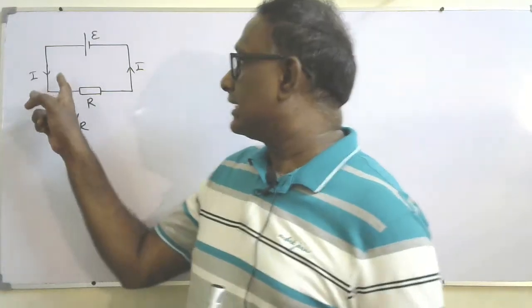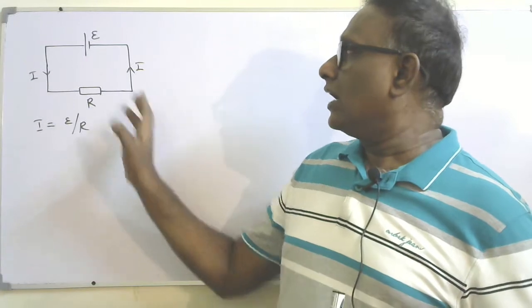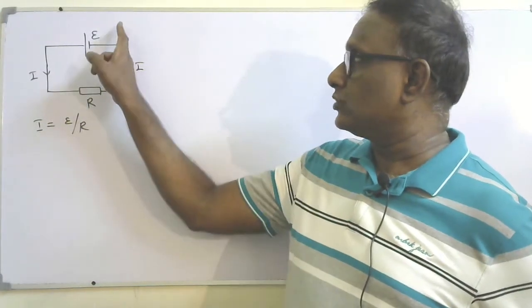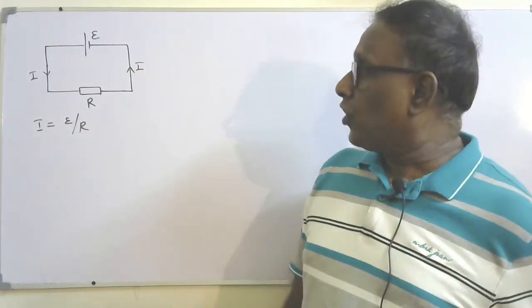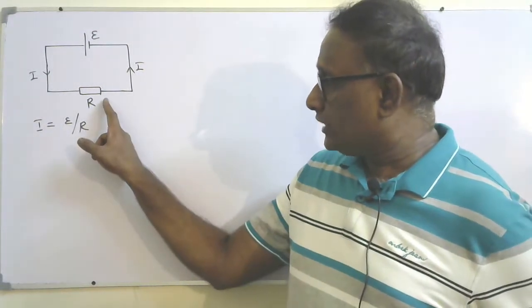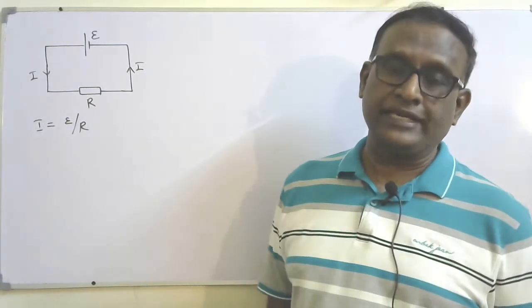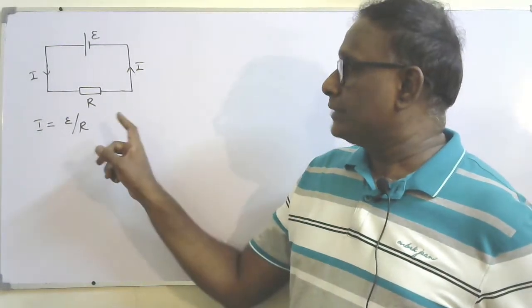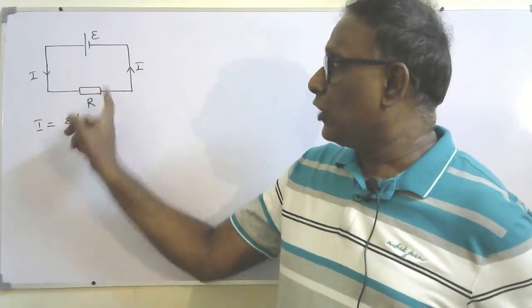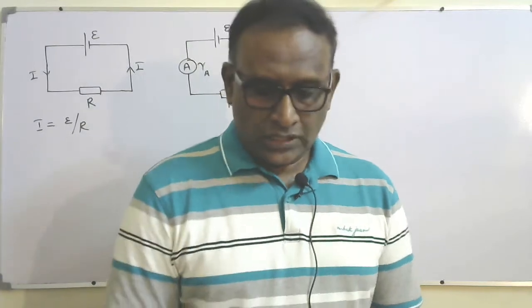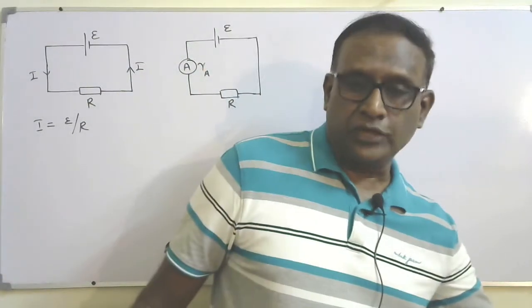So in this simple circuit, a component which has resistance capital R is connected to a power supply. If you want to measure the current flowing through this component, the same current should flow through the ammeter also. So the ammeter must be connected in series with this component. The ammeter reads the current flowing through it.